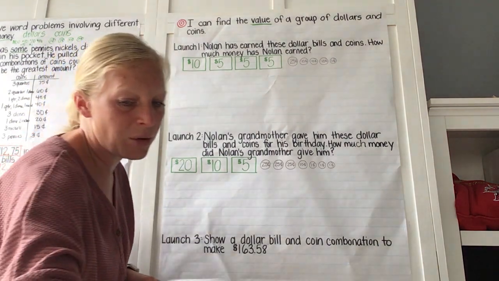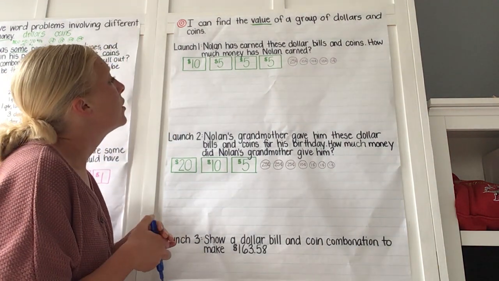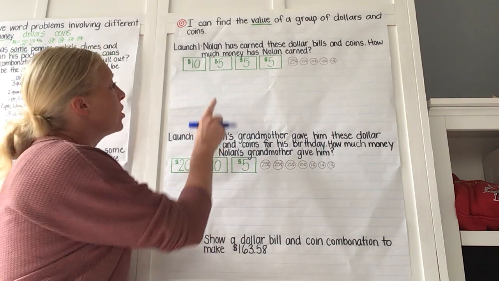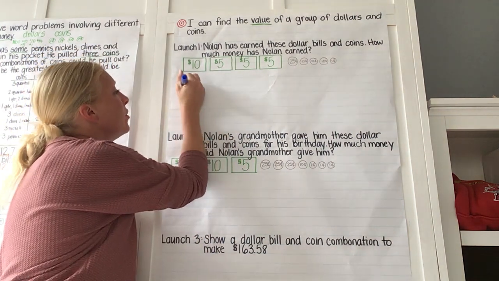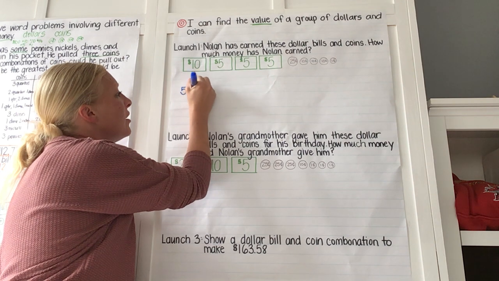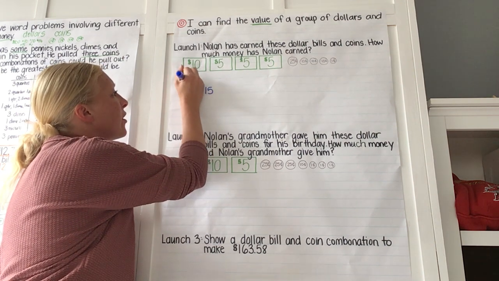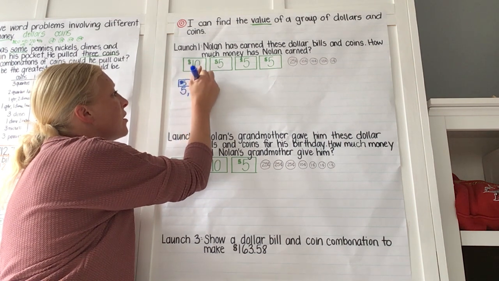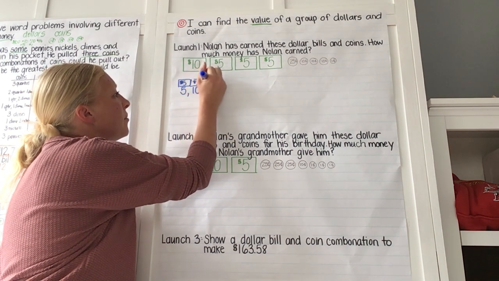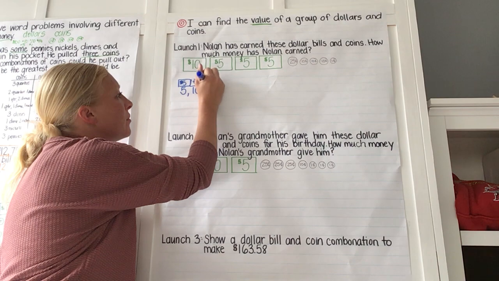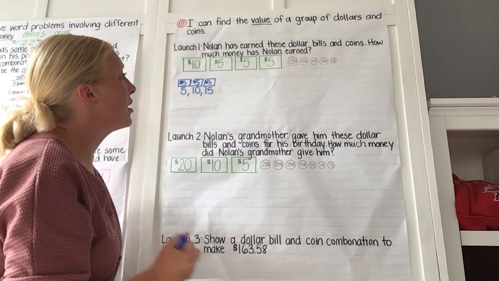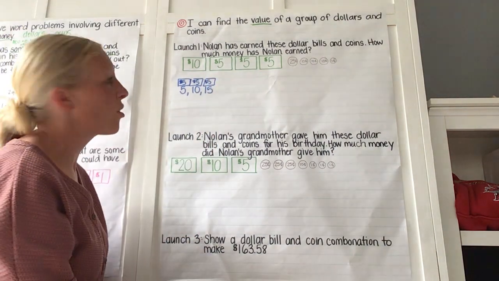What did you do first? Okay, so you said you counted your 5, 10, and 15 first. And tell me why you did that. Okay, because if you knew that, then you could count 10 more onto that.